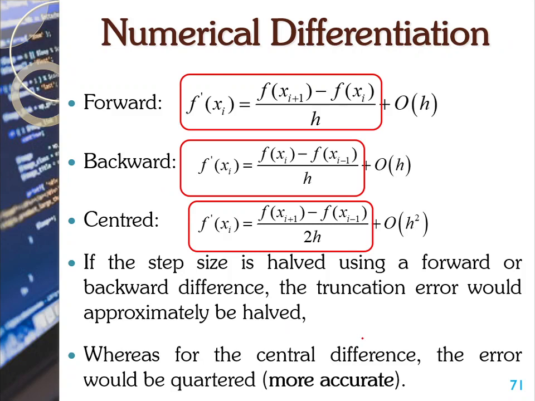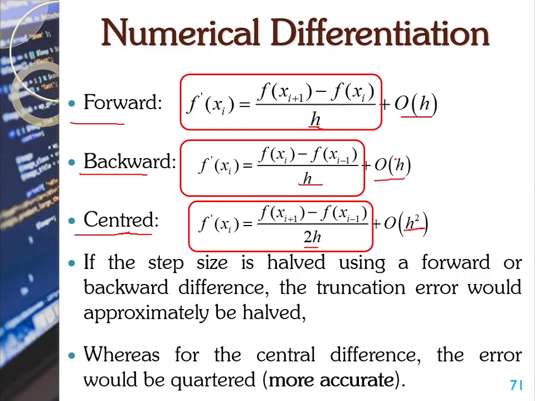Okay, so with this, we've been able to come up with 3 notations now. That is the forward, the backward, and the centered. With the forward and backward, they all have this term O(h) and also a step size of h. But in the case of the centered, it has only 2h, that is 2 times the step size, and also this h here is being squared.